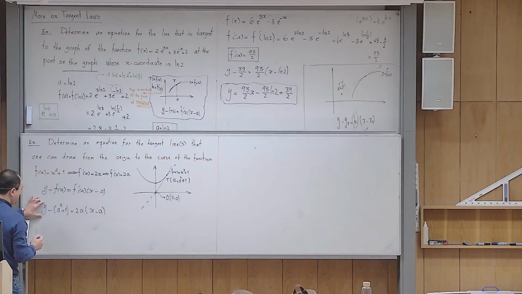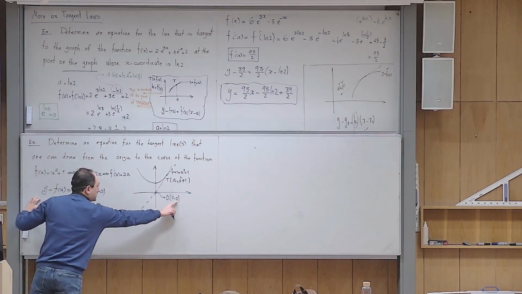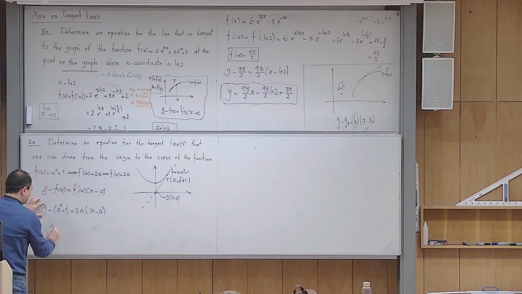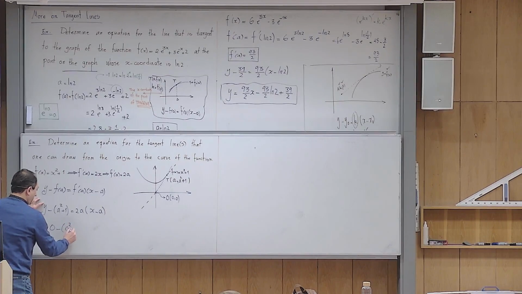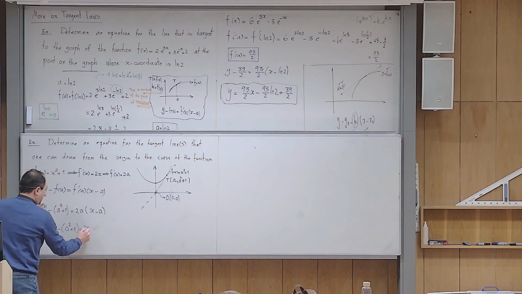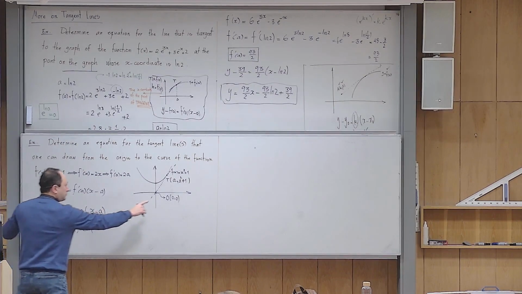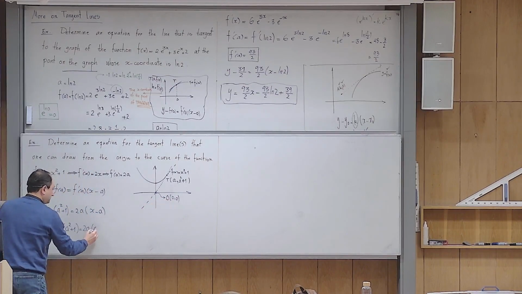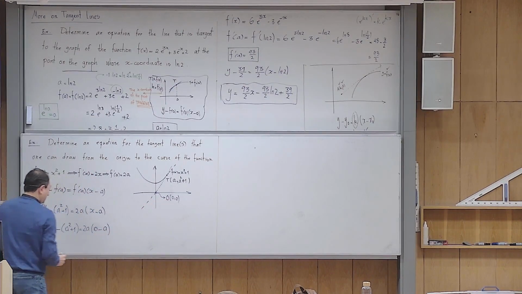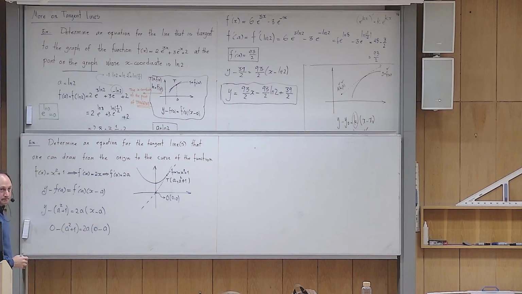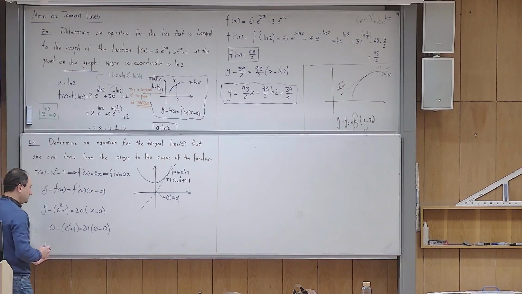So this means that if instead of y, I put the y value here, and instead of x, I put the x value here, this should be valid. And then you see that this is one equation. You are actually, a is the only missing part.